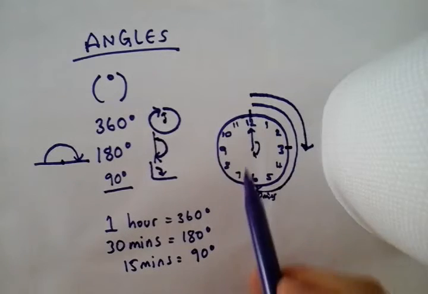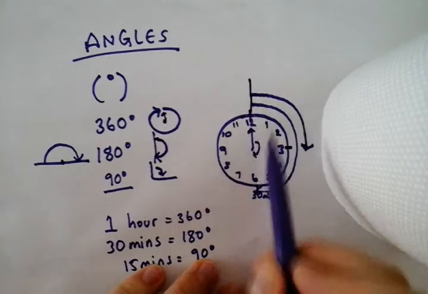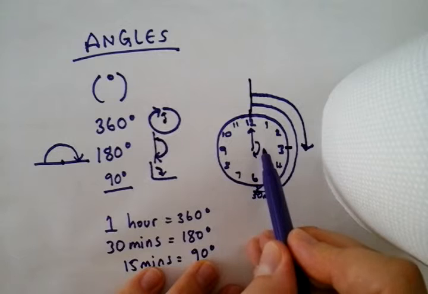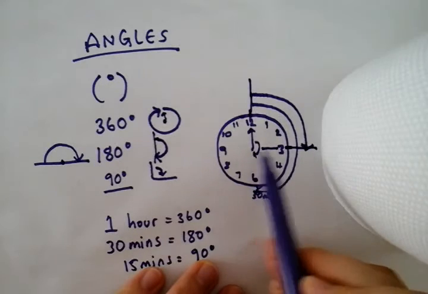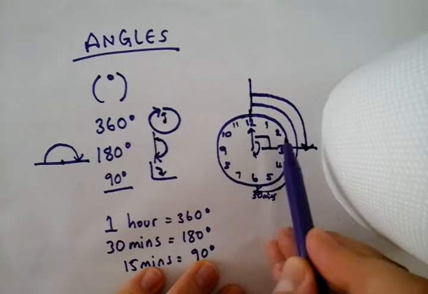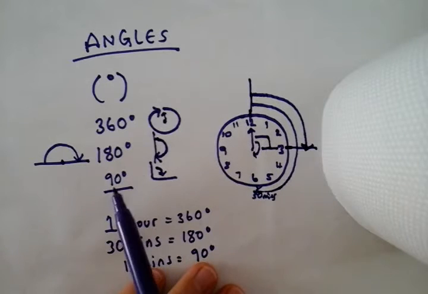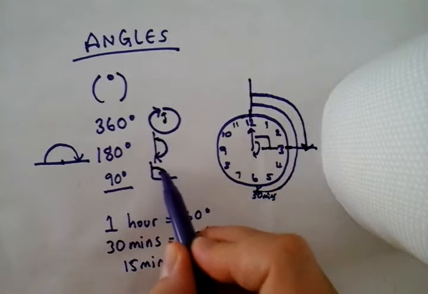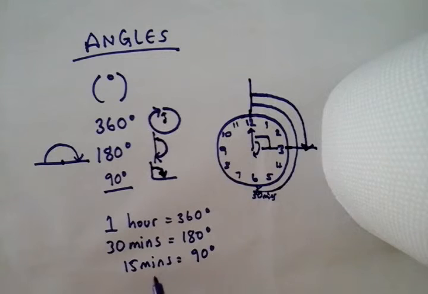So if I draw this again for you, the starting point would be here, goes all the way down to the point, and it would end all the way there. It looks exactly like a right angle. So we'd have a right angle right there. So 90 degrees is a right angle basically. Let's completely finish that off. Right angle.